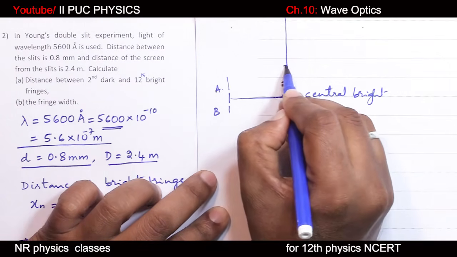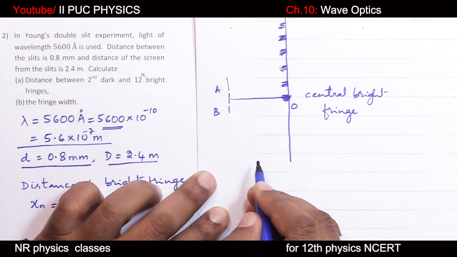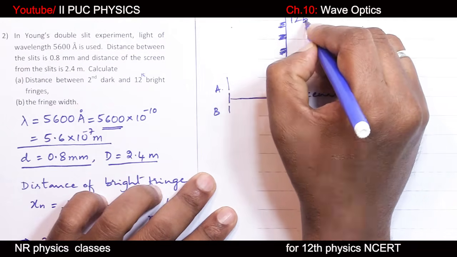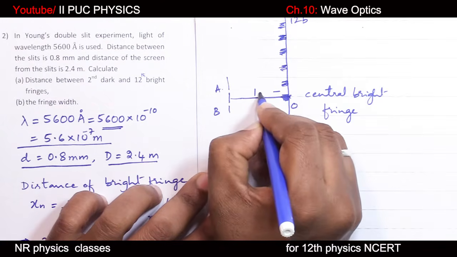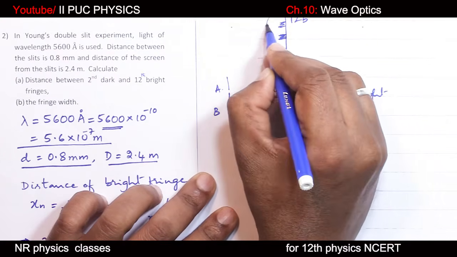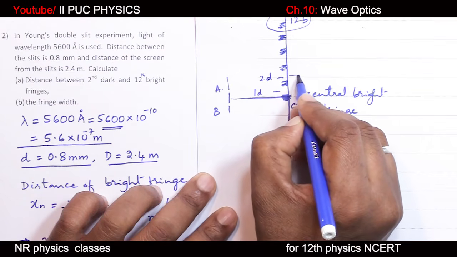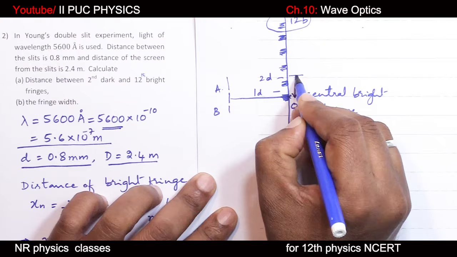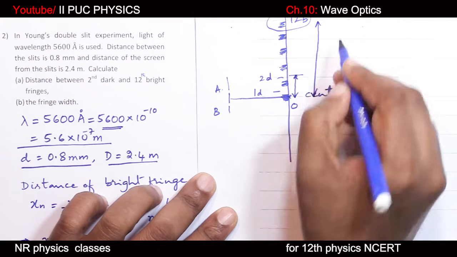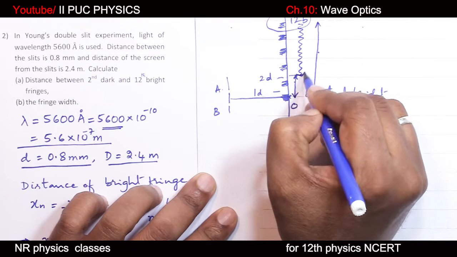And these are the fringes. Suppose this is 12th bright and this is first dark, second dark. Please understand, suppose this is 12th bright and this is second dark. So first let us find the distance of second dark from the central. Next, the distance of 12th bright from the central. So the difference of these two gives the distance between 12th bright and second dark, isn't it?